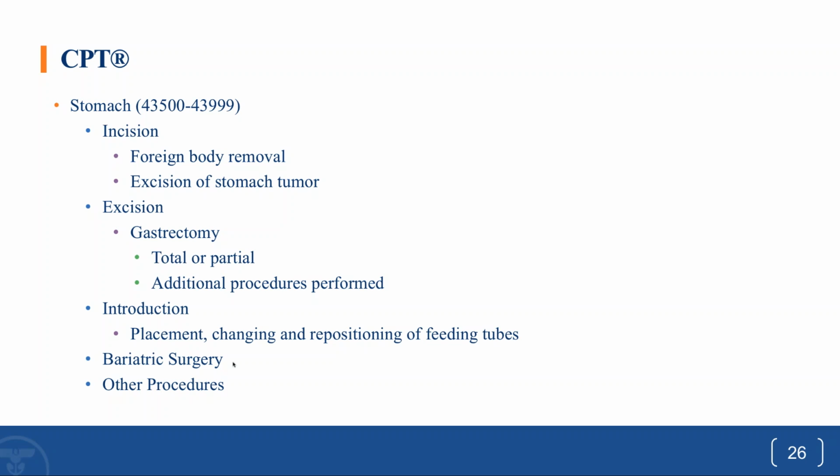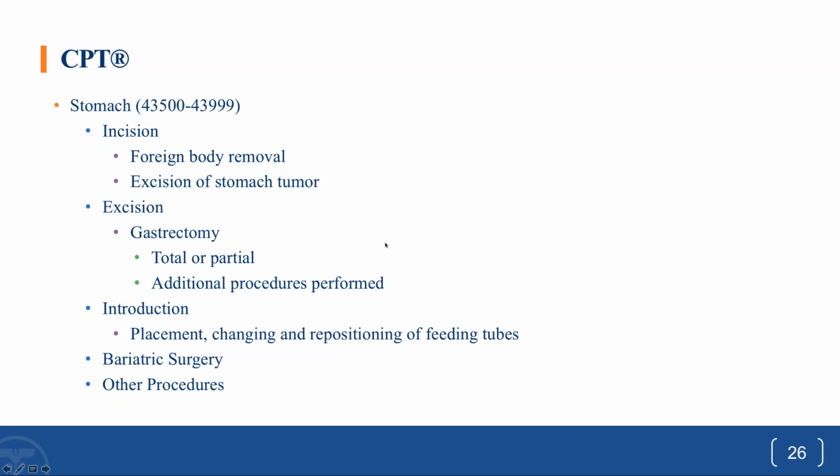So make sure you're highlighting these. And 43773 is removal and replacement. 43774 is removing the ports and the band. And 43775 is actually a different procedure that is called a gastric sleeve. That's the sleeve gastrectomy. And basically it's the fashion that they sew the stomach.